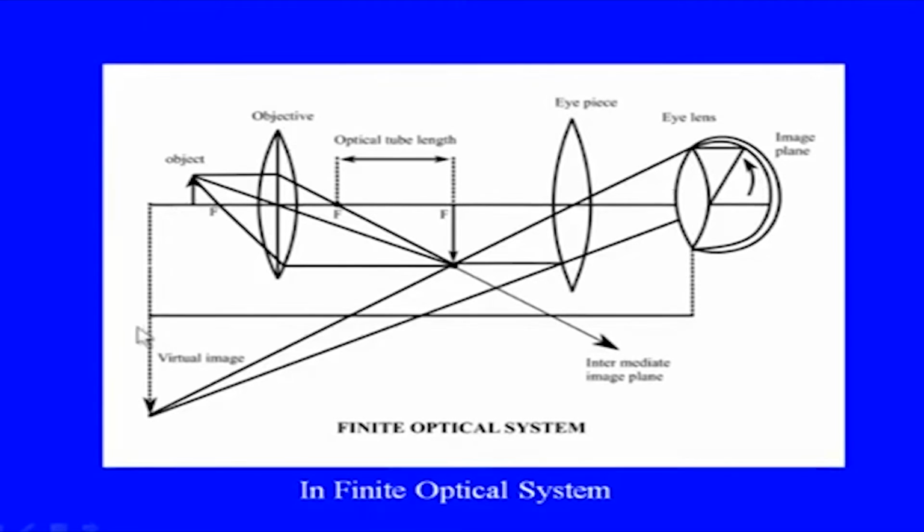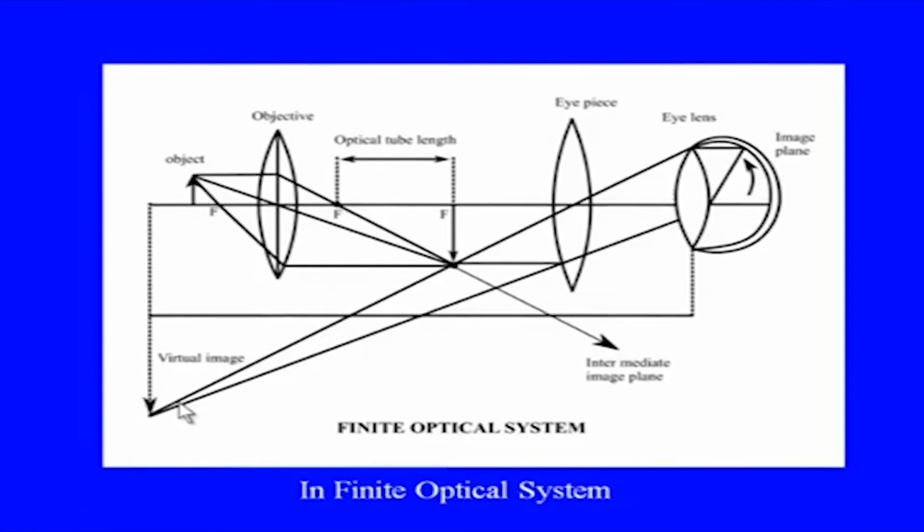This virtual image acts as the object for the eye lens, and finally an inverted real image is formed on the retina of the eye. Of course, it is not perceived as an inverted image, rather it is perceived as an erect image by the brain.